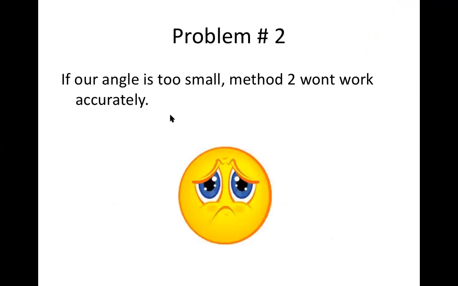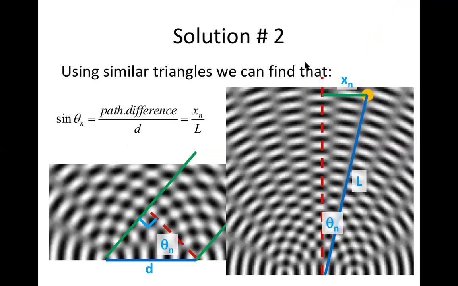Okay, so the bad news is that sometimes our angle is too small to use that equation, and method 2 won't work accurately. So another solution allows us to come up with equation number 3. Using similar triangles, we can find that the following is true.